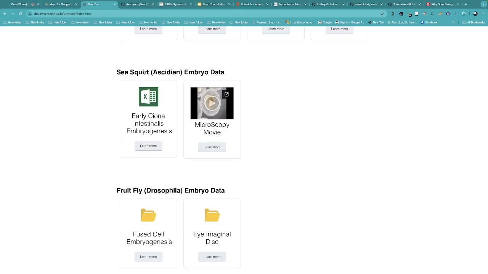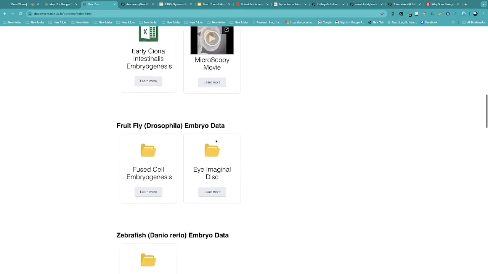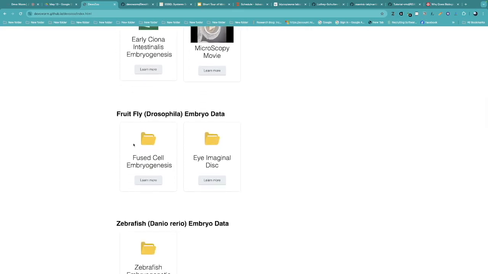This might be useful for benchmarking. We usually focus on C. elegans embryogenesis in these projects, but we can also use other organisms to get a sense of some of the things going on during embryogenesis, some of the cell division events, and how those can be detected as features. And then we have the fruit fly data set. The imaginal disk is a drawing that you can look at, and you can use it to train your models.